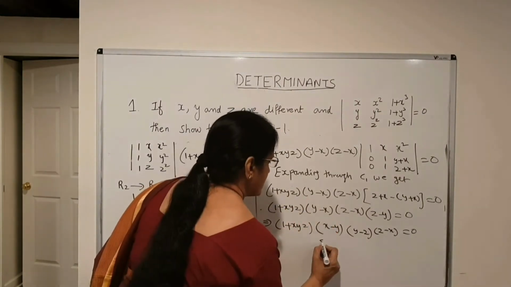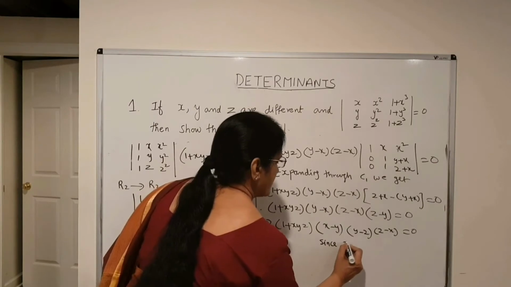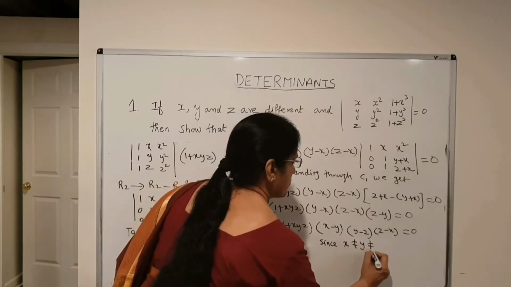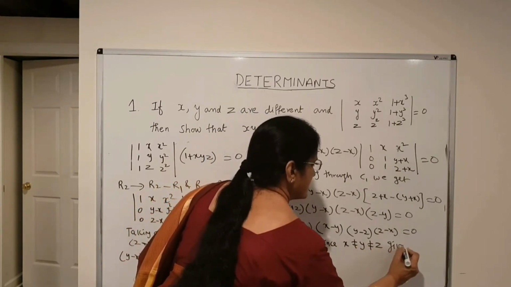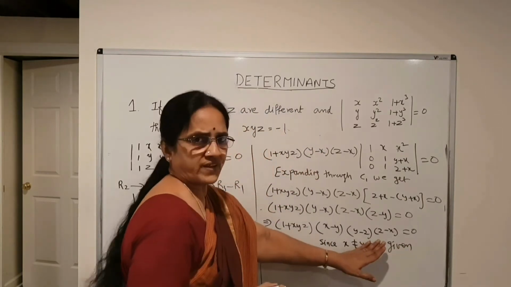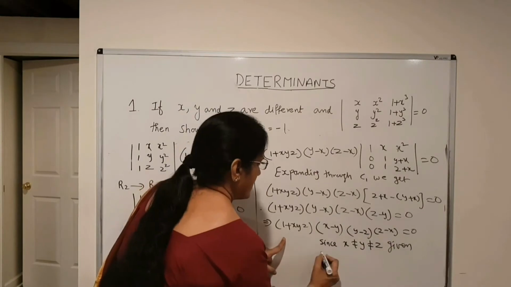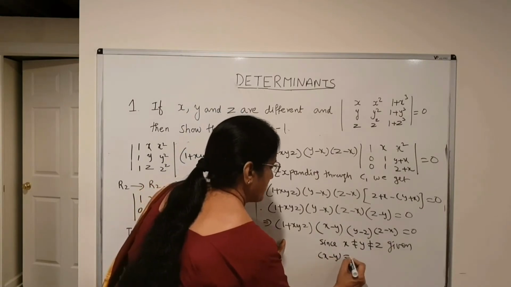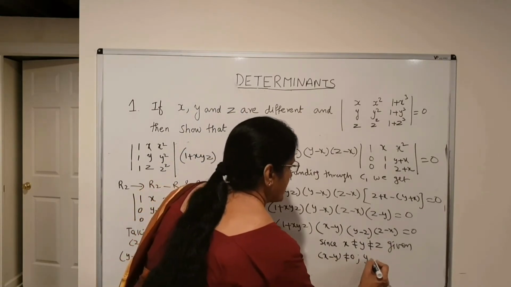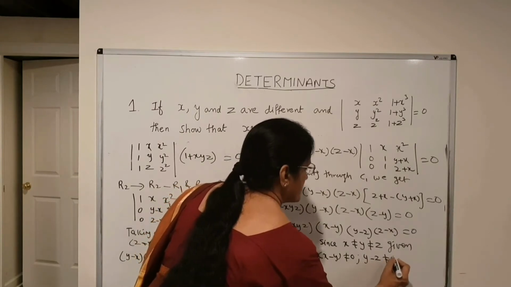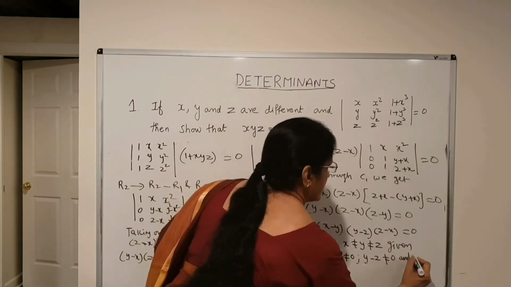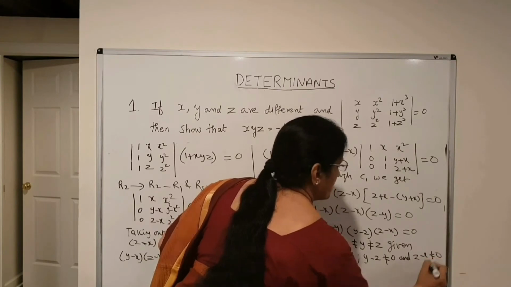So, you should write, since x is not equal to y, not equal to z given, they are all different, x minus y cannot be equal to 0, y minus z cannot be equal to 0 and z minus x cannot be equal to 0.